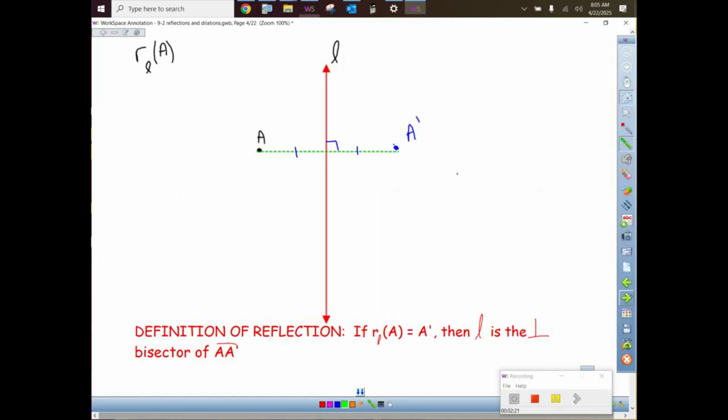Just like you told me right here, this has got to be 90 degrees for that to be reflected correctly, and this segment AA prime that I highlighted in green is bisected as well. Line L perpendicularly bisected that segment.